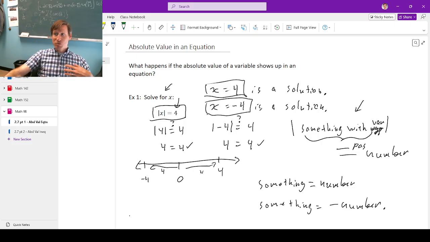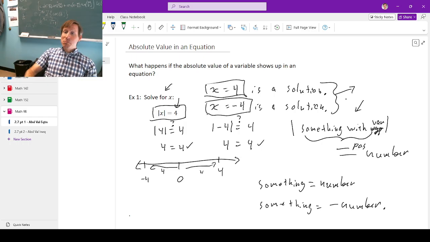It is important to record both solutions, because remember, when we solve an equation, we're looking not just for some number that works, not just some value for x that works. We want to write down every value of x that works. So for this equation, there are two solutions, x equals 4 and x equals minus 4. Some people like to combine these two and be as brief as possible.